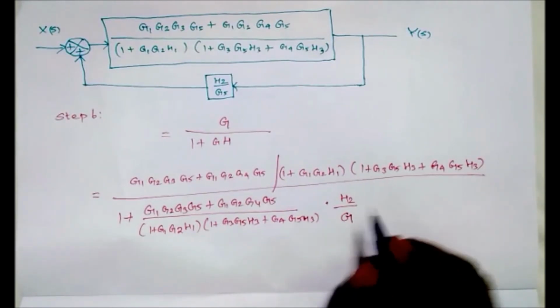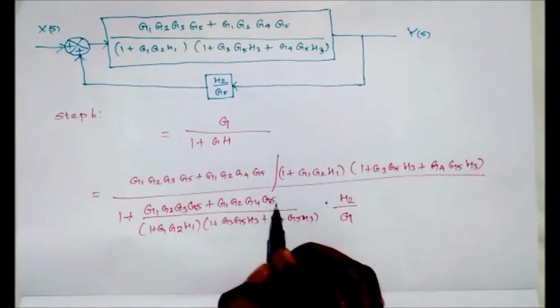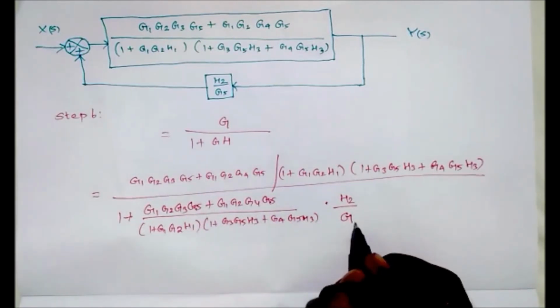So here in this, G5, here also G5, here also G5, we can take G5 outside and we can cancel it.